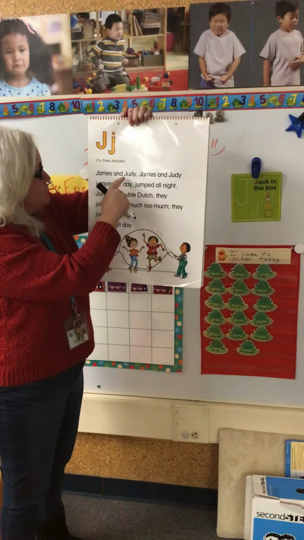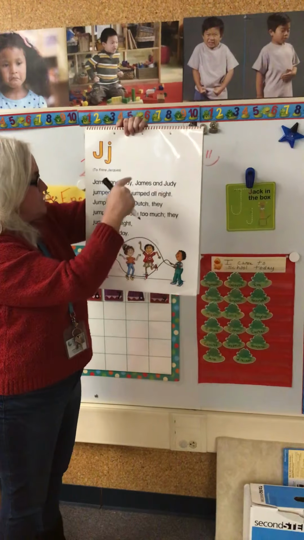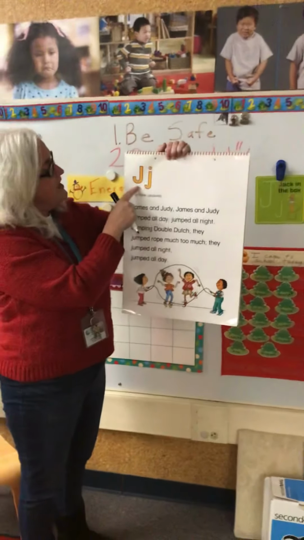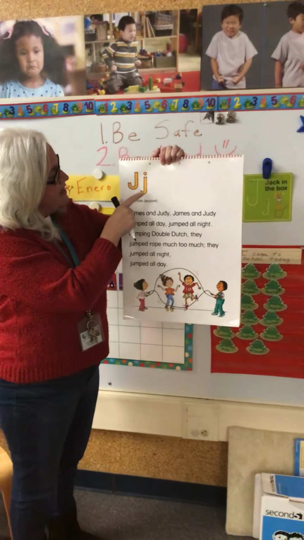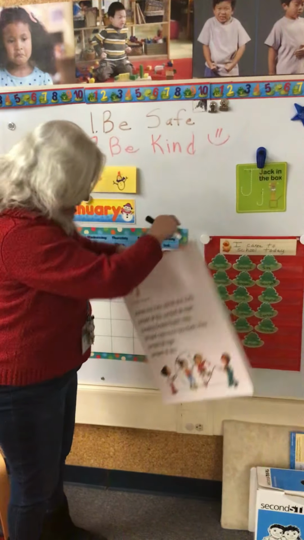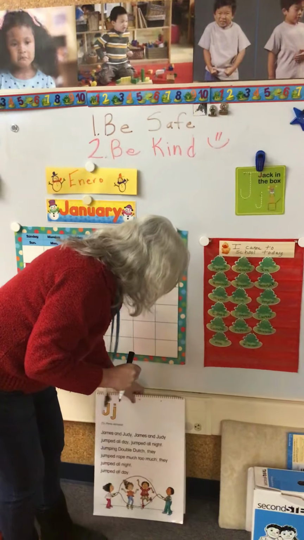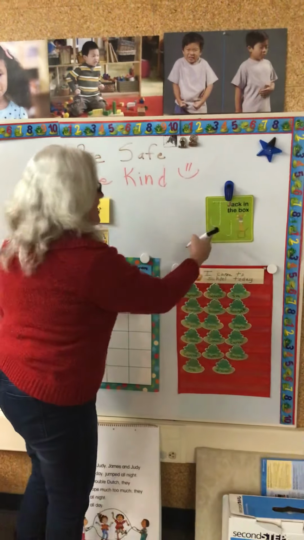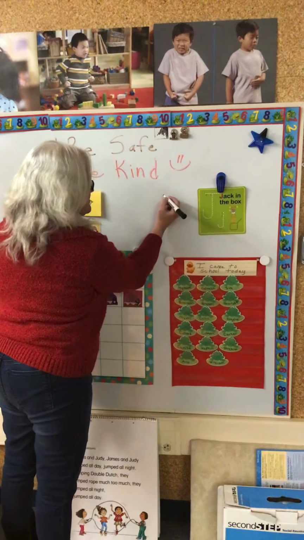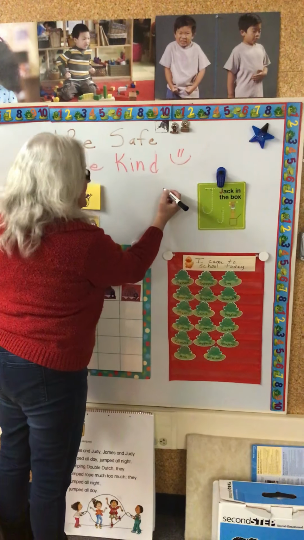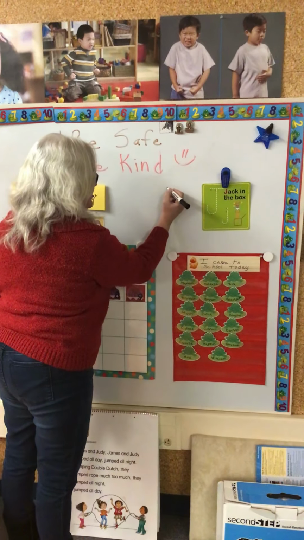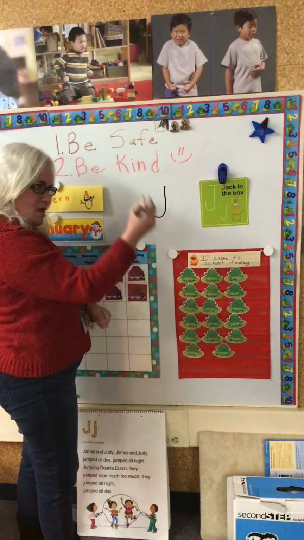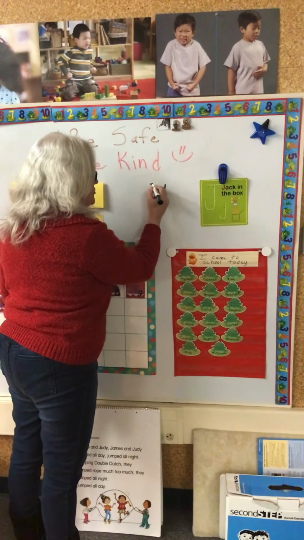So James, Judy, jumped, all kinds of words that start with J, uppercase J and lowercase j. Let's trace them now, and remember, you start your letters at the top and watch this. A J is fun to do. It starts out kind of like a fish hook. It's got a curve in it and it goes like this. One, and there's your little curve. And then you go two.